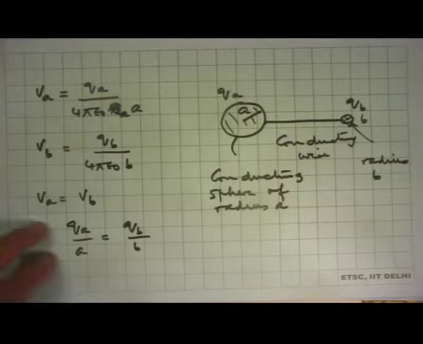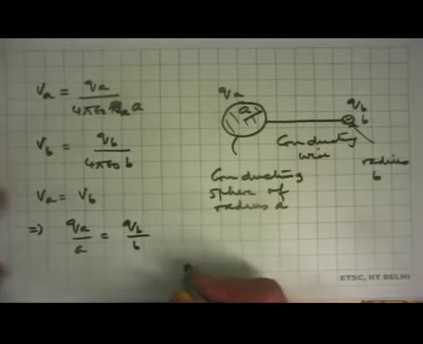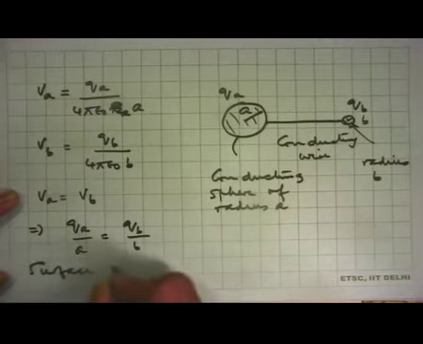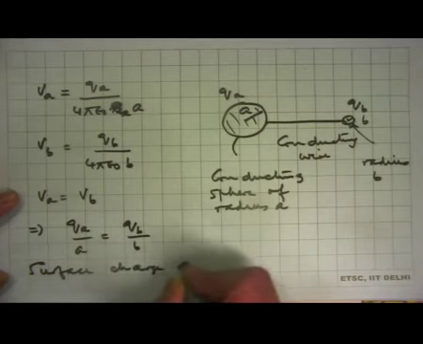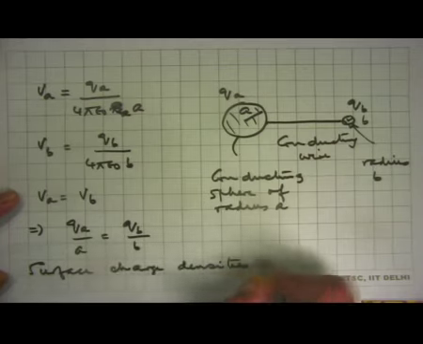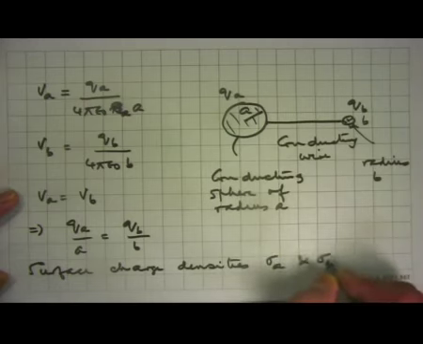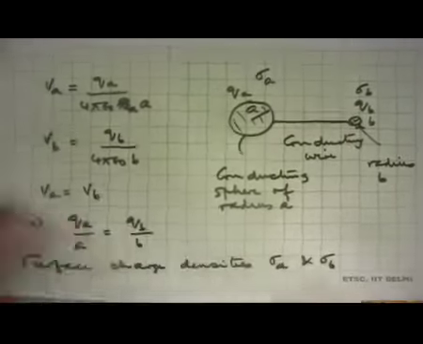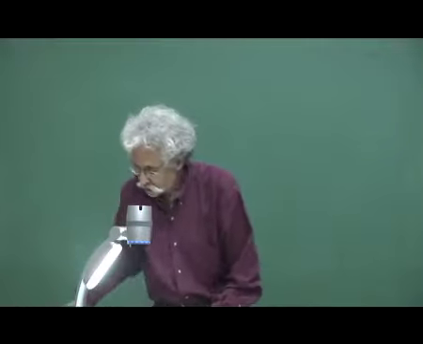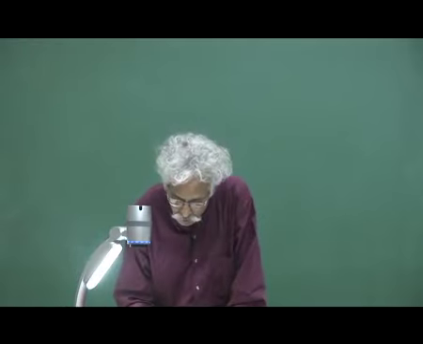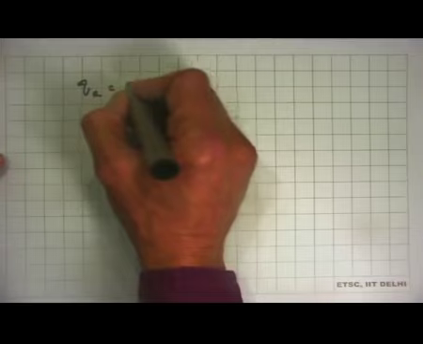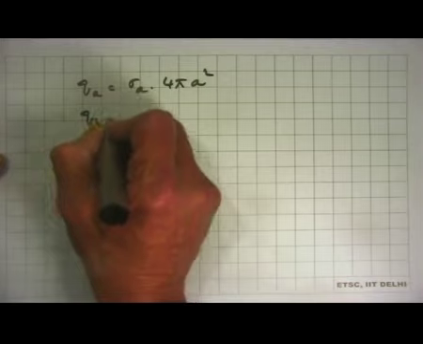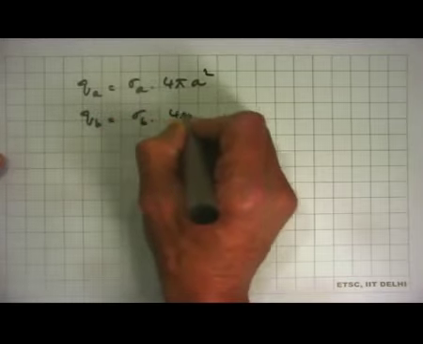Okay. So, now suppose sigma_A and sigma_B are the surface charge densities. Here it is sigma_A and here it is sigma_B. Then q_A must be equal to sigma_A times 4 pi A squared, and q_B must be equal to sigma_B times 4 pi B squared.